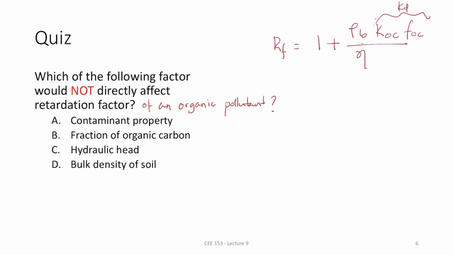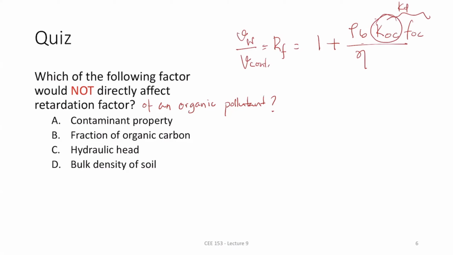Okay, so I'm going to end the poll. I'm going to share the results. So as you see, the retardation factor is the velocity of water divided by the velocity of contaminants.